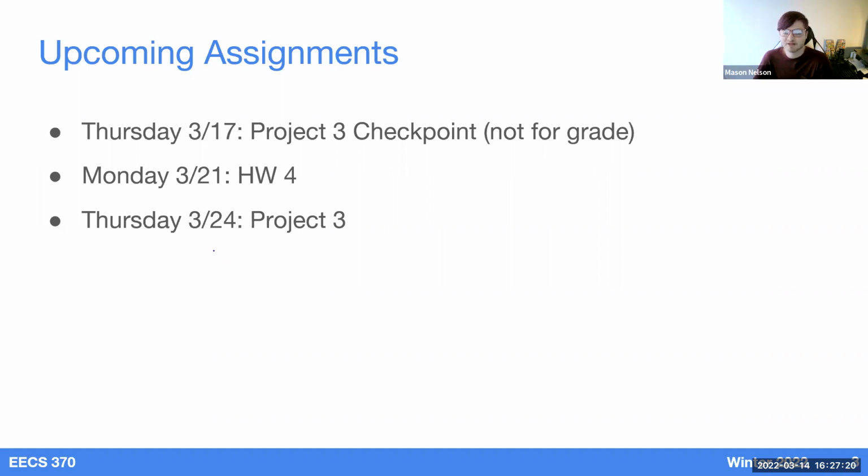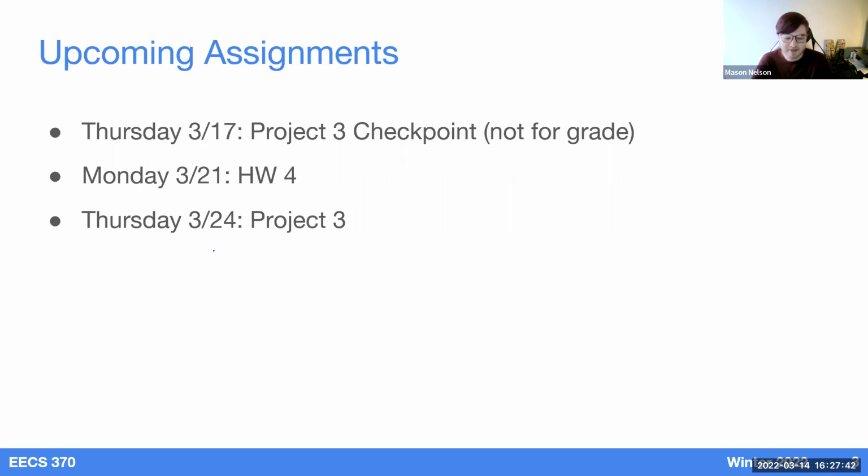So we have this thing due this upcoming Thursday, which we call a project 3 checkpoint. That's not going to be a grade, at least for this semester, but you submit your project code, which will be modified for the final project 3 submission. It's just a basic working version of your project 3 code.